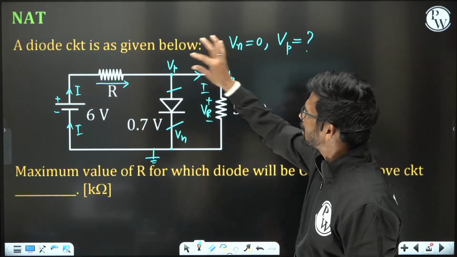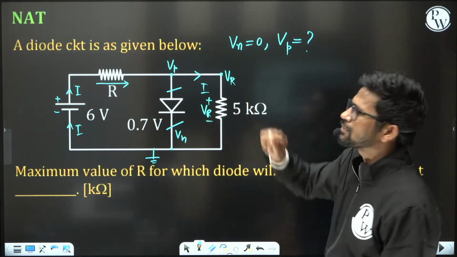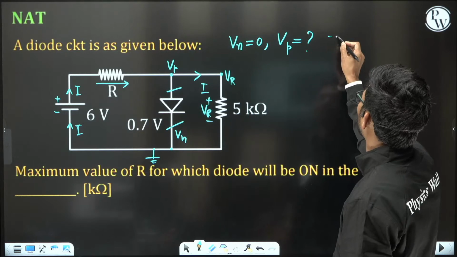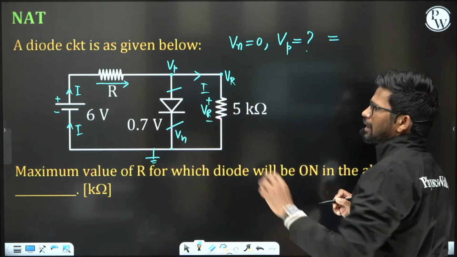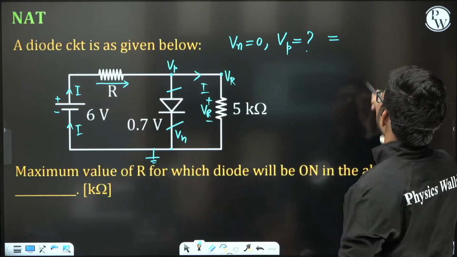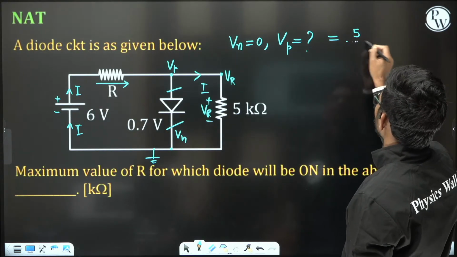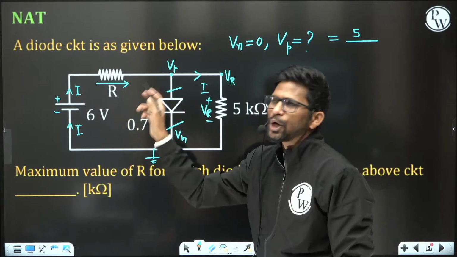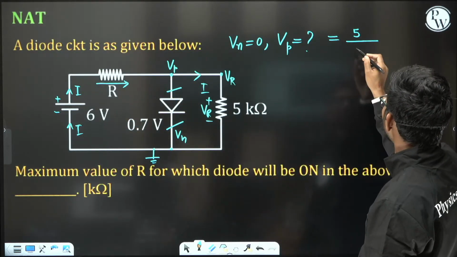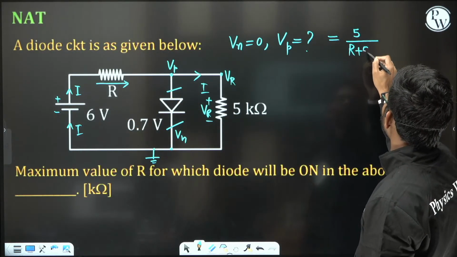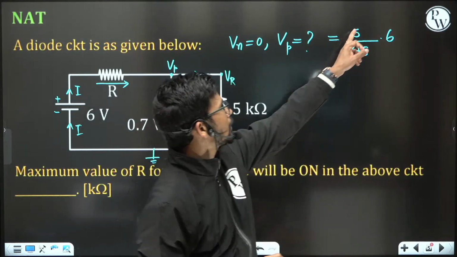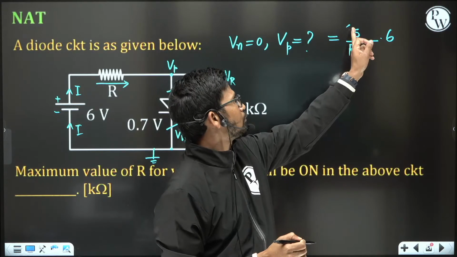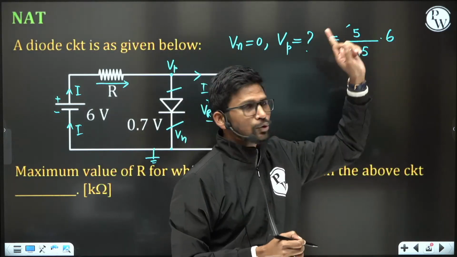So this VP is equal to the voltage across this 5 kilo ohm resistance. By the voltage division rule, because these two are in series and the total input voltage is 6 volt, the voltage across 5 kilo ohm, assuming R is in kilo ohm, is 5 upon R plus 5 into total voltage, which is 5 upon R plus 5 times 6.